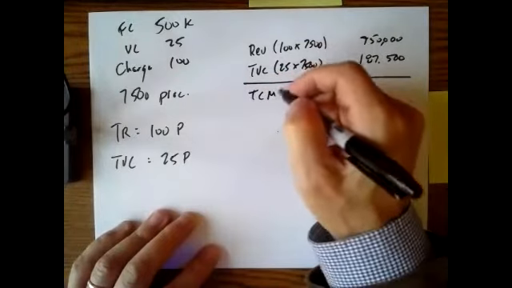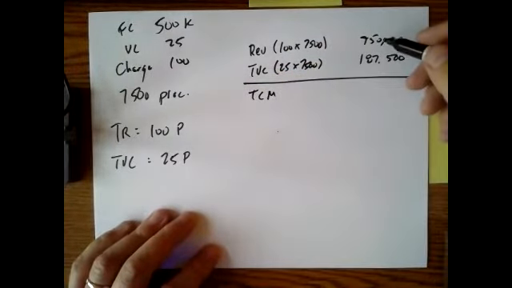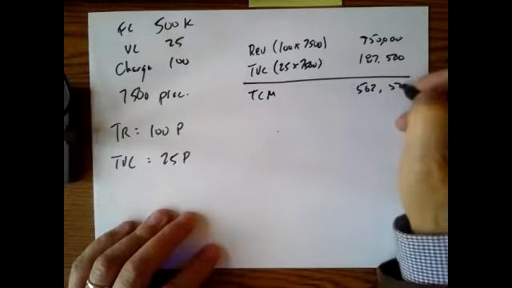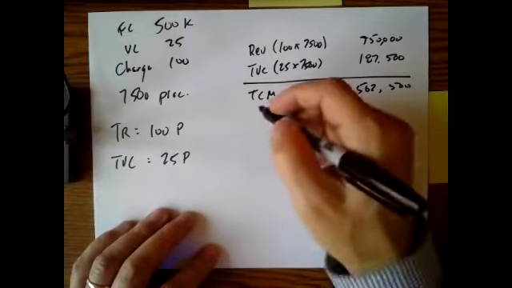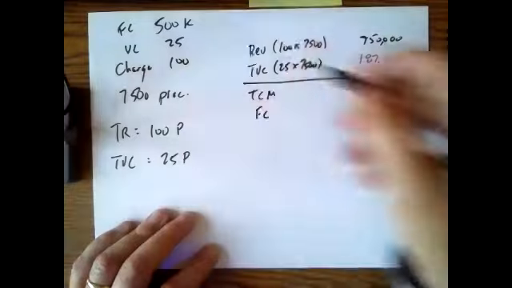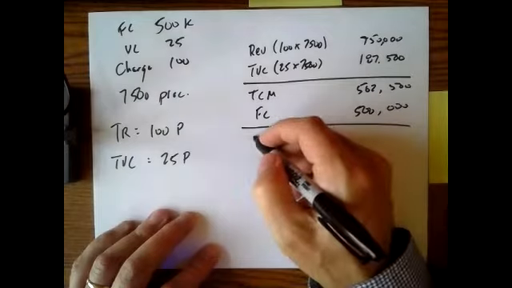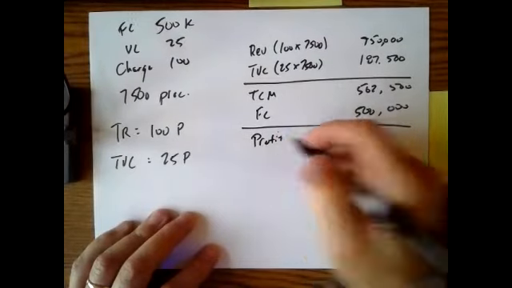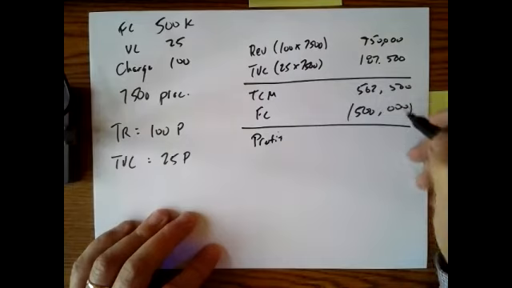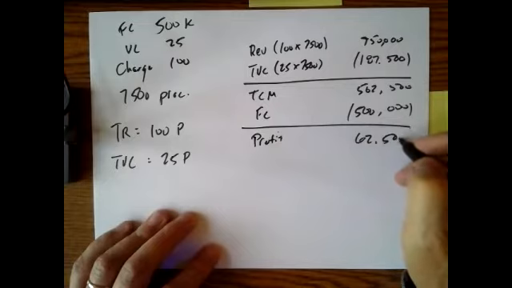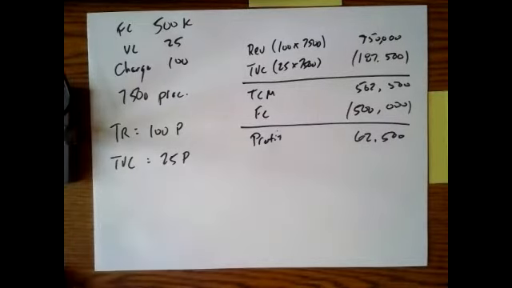That gives us total contribution margin, so 750,000 minus 187,500 gives us 562,500. Then we take our fixed cost, given as 500,000, subtract that, and we get profit: 562,500 minus 500,000 gives us 62,500. And so that is the P&L for the base case.